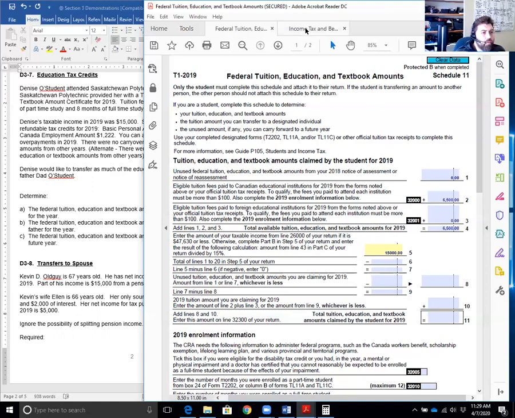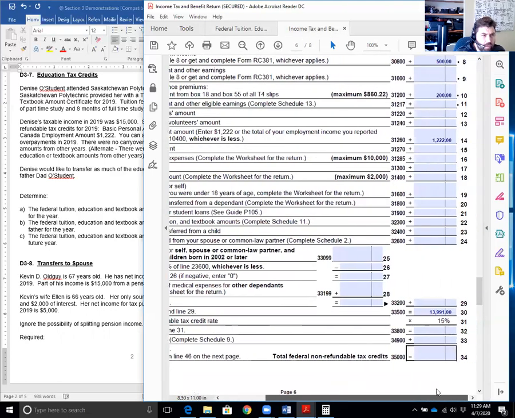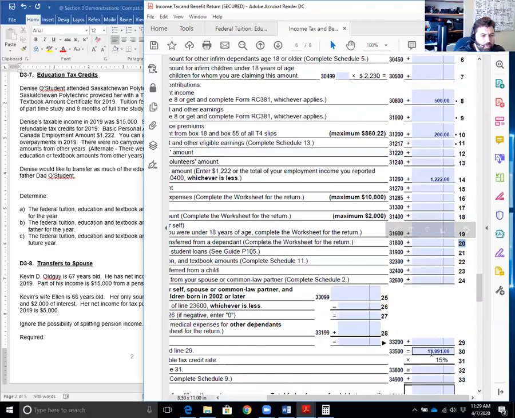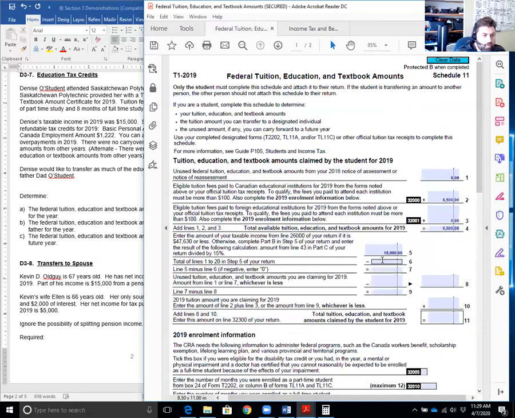Okay, well, total of lines 1 to 20, that was, here's 1, gonna go all the way down to 20. That adds up to $13,991. So that's why I parked that number there. Okay, so 13,991.